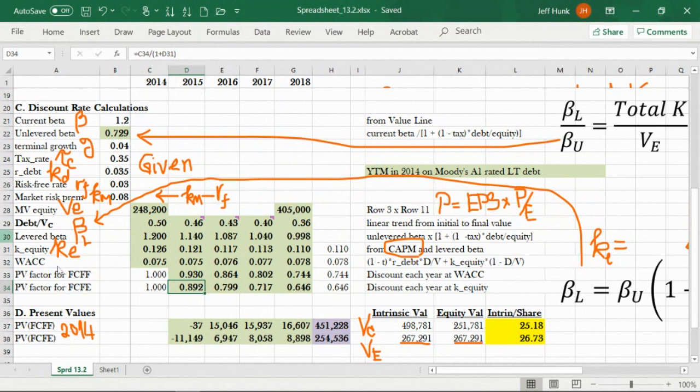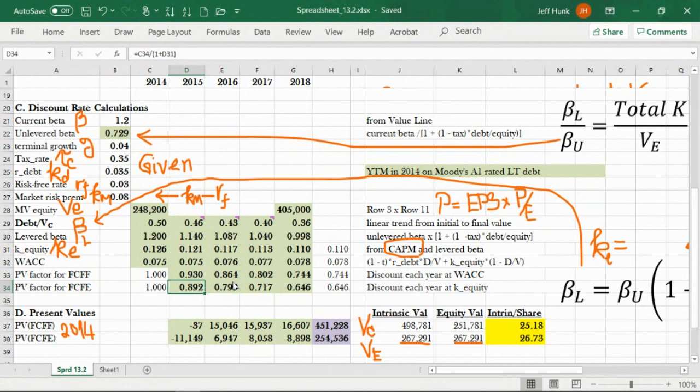Now, first, think about it. To calculate the cost of equity, we need to use CAPM. That's why there is beta, the current beta. But then we will have to separate the unlevered beta from the levered beta, because levered beta means when we have leverage.